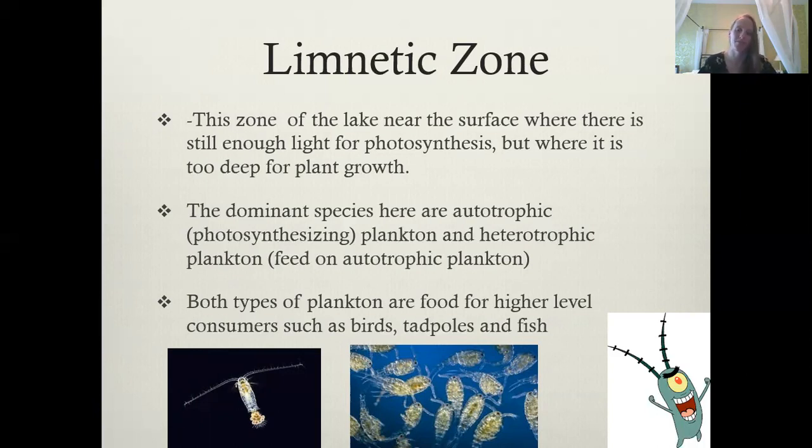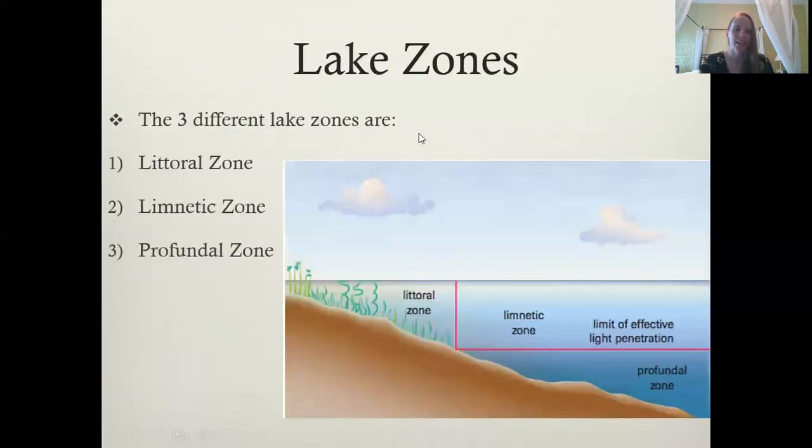Both of these provide food sources to things like birds and tadpoles and fish and stuff like that. And this is an example of what plankton actually look like. So if we look back on our diagram, this is the limnetic zone over here. As you can see, there's no plant life, but there is still a lot of sunlight in this area.